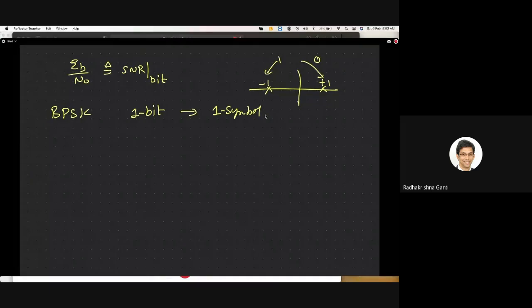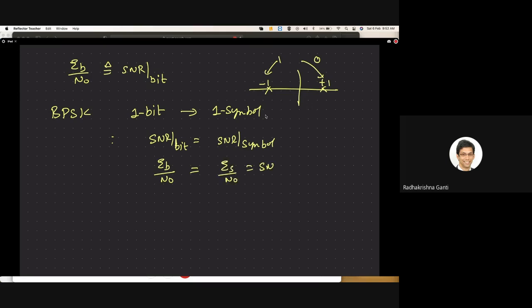So one bit is mapped to one symbol, and the effective energy per bit is equivalent to the effective energy per symbol. So for BPSK, SNR per bit is equal to SNR per symbol. This also implies that EB by N0 is equal to ES by N0 is equal to SNR for BPSK. Is this clear?